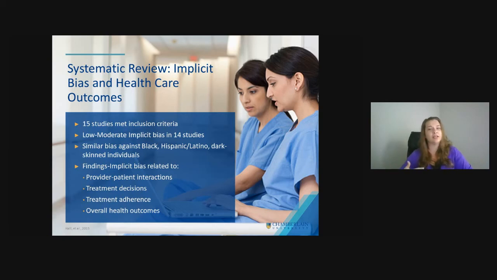Treatment decisions and treatment adherence also show up, but especially those provider-patient interactions. And that could potentially be why we see the impact on surveys. But when you think about treatment adherence and decisions, the trust that's established in those provider-patient interactions is really where all of that starts.